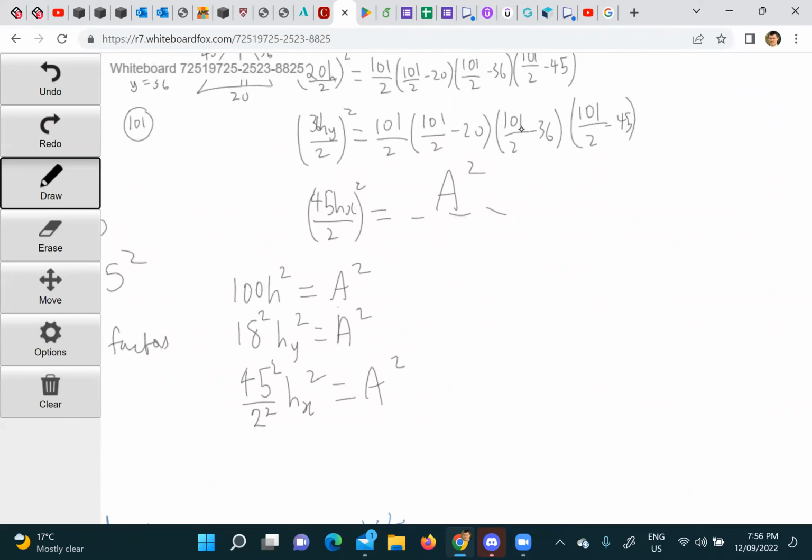Do we actually need to know the area? So you have 10h equals a, right? And 18hy equals a, and 45 on 2 hx equals a.